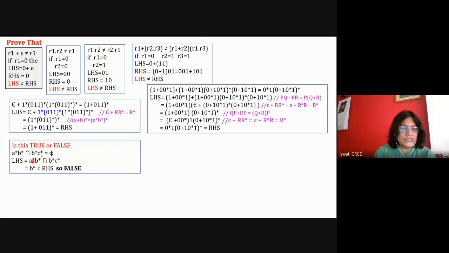Find out the set of strings generated by A star B star, find out the strings generated by B star C star, and whatever strings are common in both sets, those particular strings are specified with the help of B star, which is not the empty set. You will always get B star as a common string generated. So this is false.